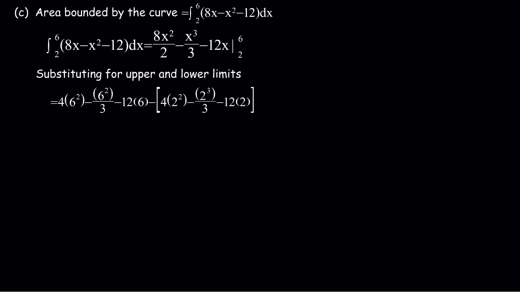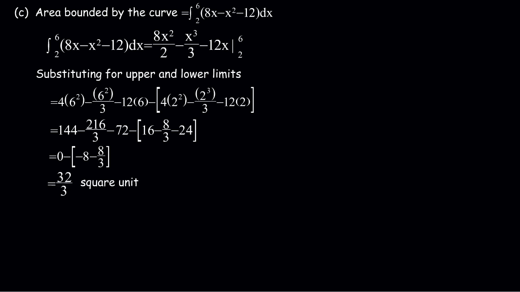And simplifying both parts, it will be equals to 144 minus 216 divided by 3 minus 72, minus in bracket 16 minus 8 over 3 minus 24, which should be equals to 0 minus in brackets minus 8 minus 8 over 3. And simplifying our bracket, it will be equals to 32 over 3 square units.